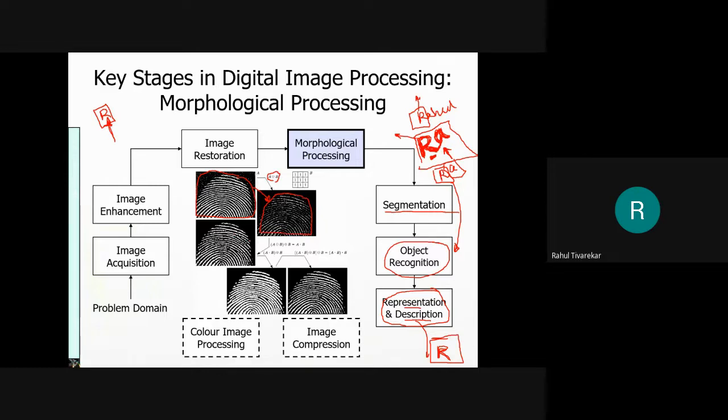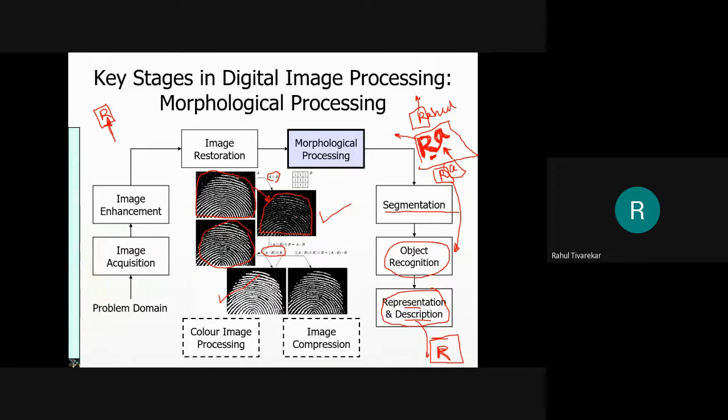You can see another image here. I have applied A plus B, that means thickening operation. I will explain these operations when we go ahead with morphological processing, but for now just remember one thing. On the same image, when I apply thinning, it looks like this. When I apply thickening, it looks like this.